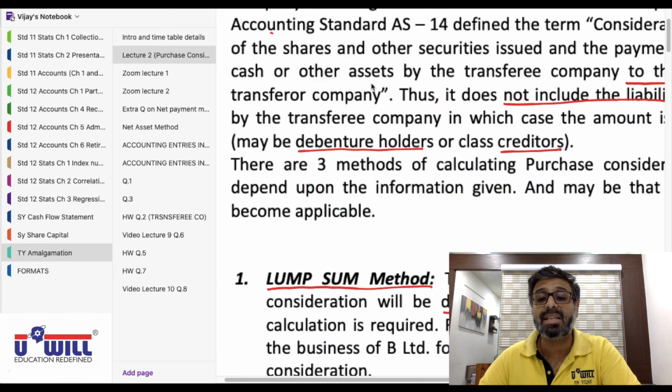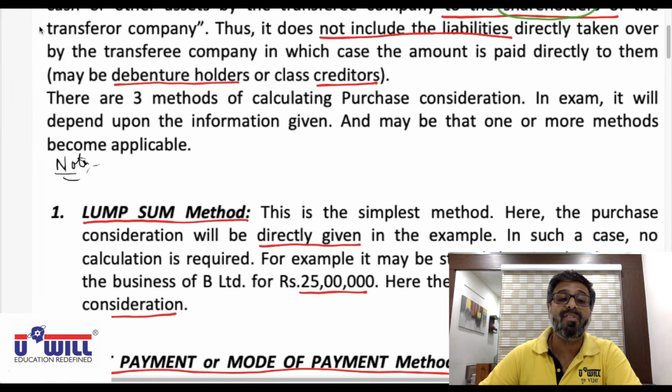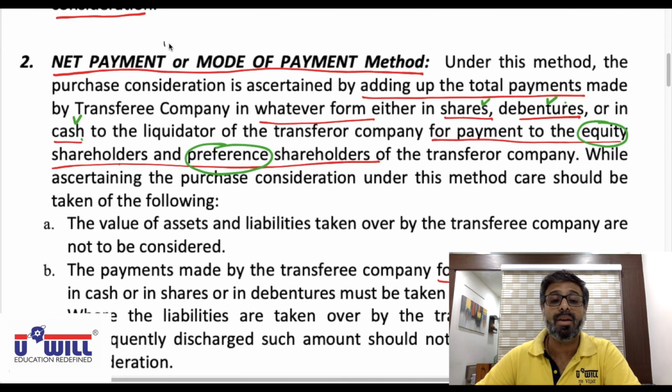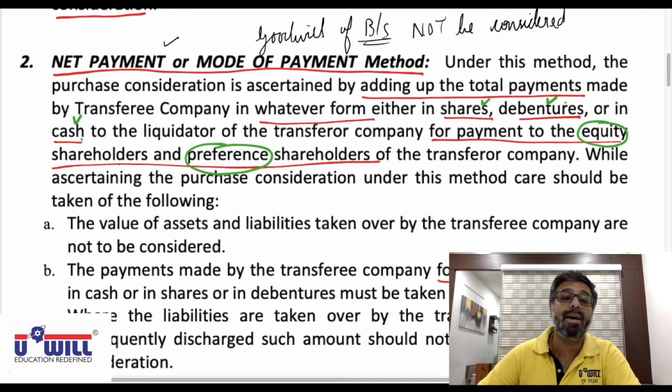In the purchase consideration lecture or in your pamphlet, mention as a note that if net payment method of purchase consideration is there, then goodwill of balance sheet will not be considered. Okay, keep this in mind.